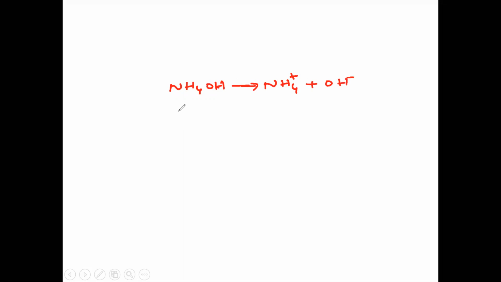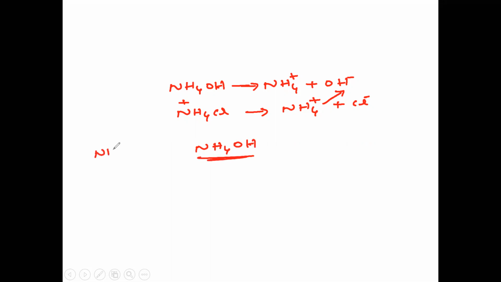And when you add a little bit of ammonium chloride to this, what happens? It dissociates to form NH4 plus and Cl minus. So this NH4 plus combines with OH minus, and again it forms ammonium hydroxide.